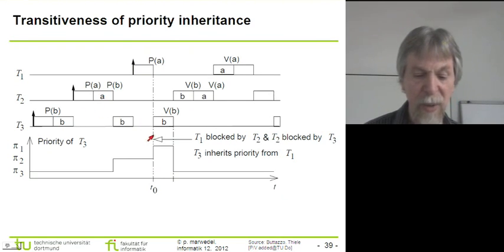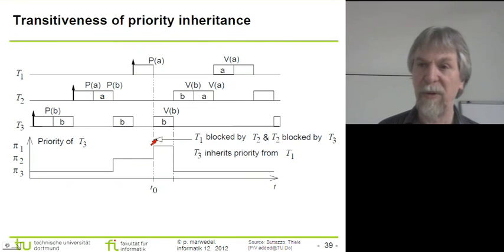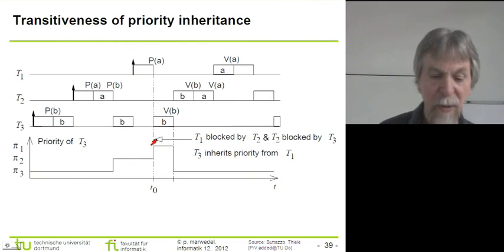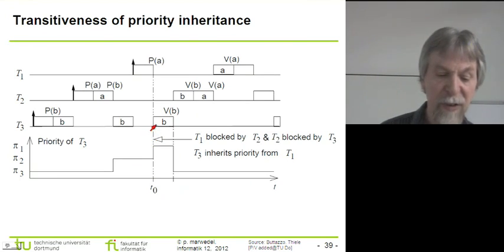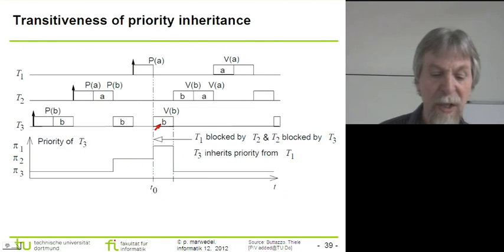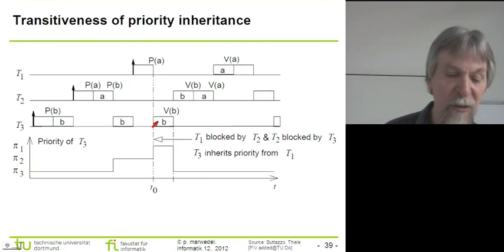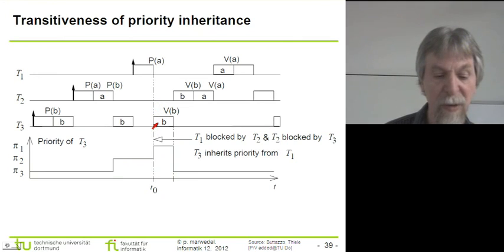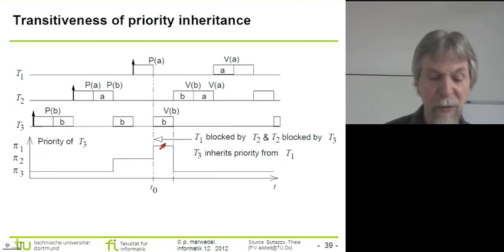So therefore, we have to refer to this transitivity, which means that we have to take into account that indirectly this task T3 is now preventing the execution of T1. It's not just preventing the execution of T2, even though it's sharing resources only with T2, but indirectly it's also blocking the execution of T1. And therefore, the priority at this instance in time is raised to the priority of T1 and not just to the priority of T2.